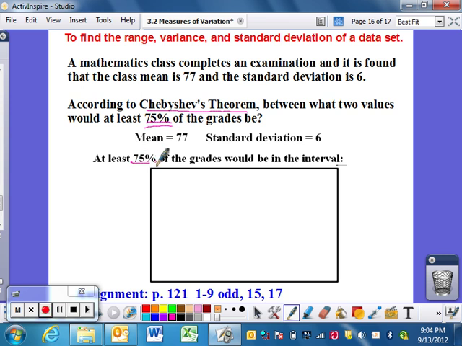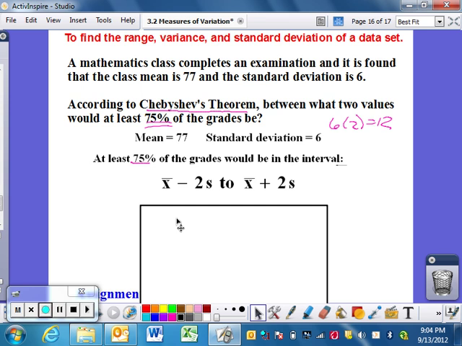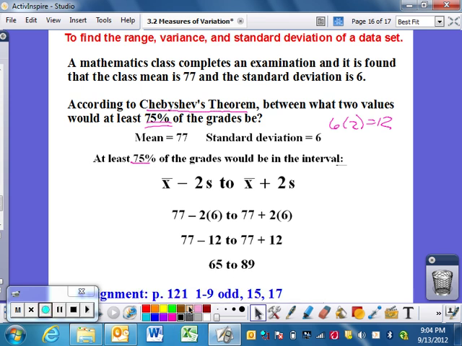Now what does this mean? We have to figure out 2 standard deviations away. 6 times 2 is 12. And we want to make an interval. It's as simple as this. You're going to take your mean, which is 77. We're just plugging it in. And then you go 2 times 6, or 12 units.